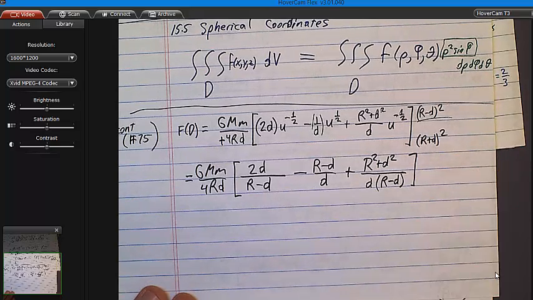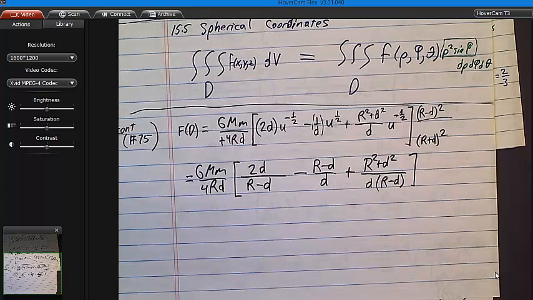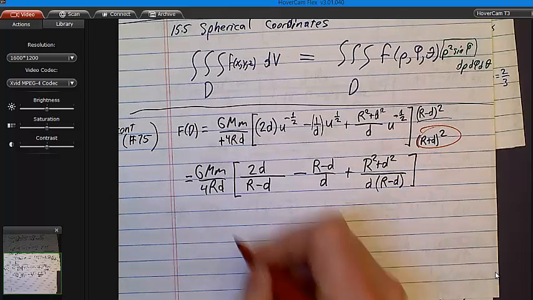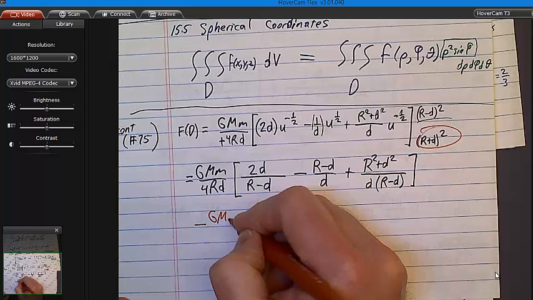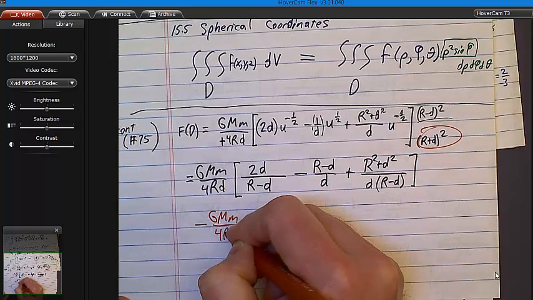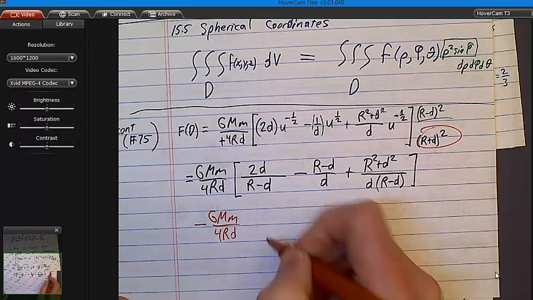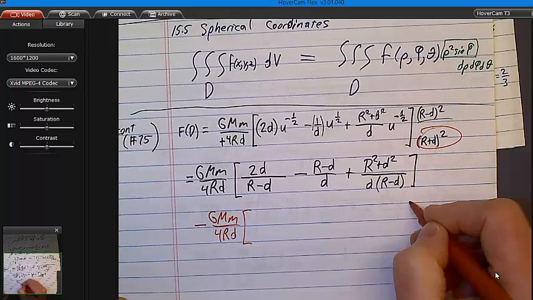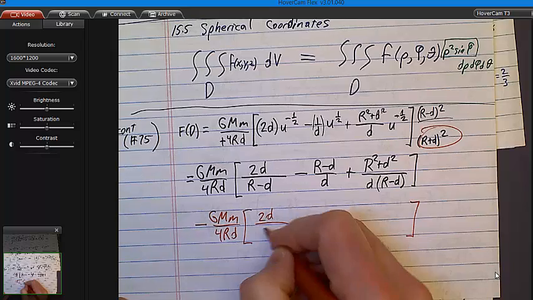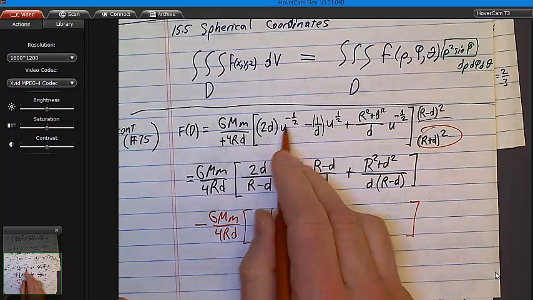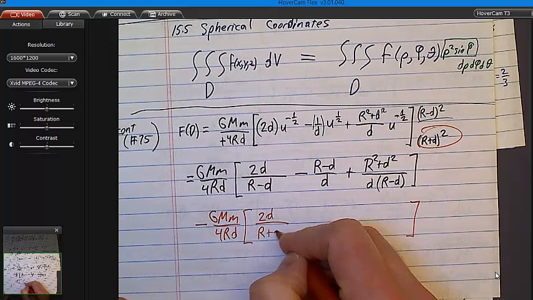And now I'm going to subtract what I get when I plug in this limit. So I'm going to subtract GMm over 4rd times what I get when I plug in that piece. When I plug in that piece, I have 2d over, again taking the square root, r plus d.